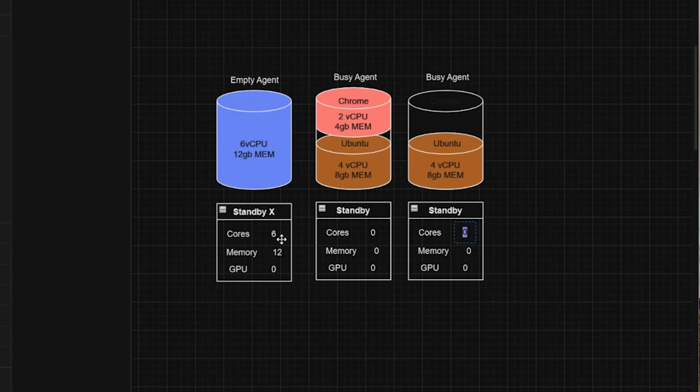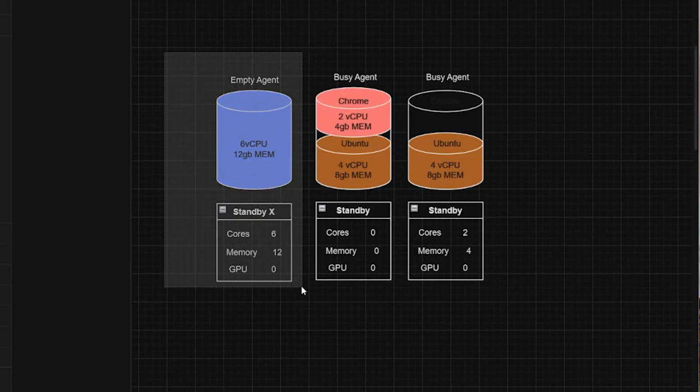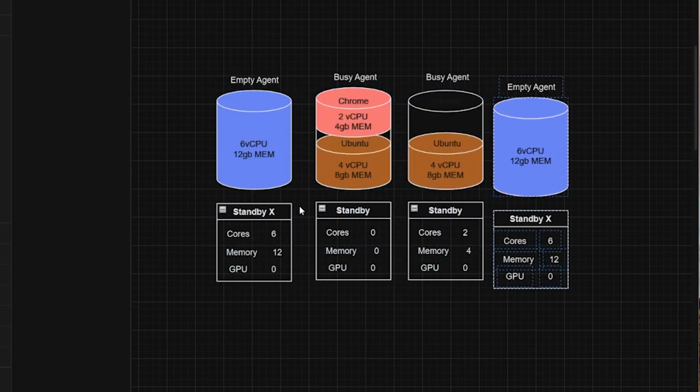That is going to mean that our cores drop to 2 CPUs available, as well as 4 gigabytes of memory. So Kasm is going to see that these values no longer fall within this threshold, and thus it's going to scale up, and it's going to give us an entirely new agent.